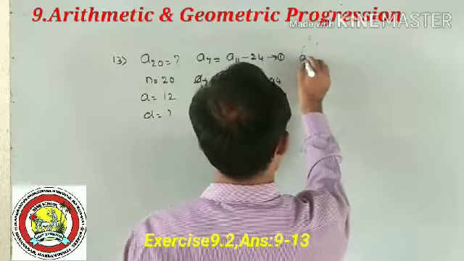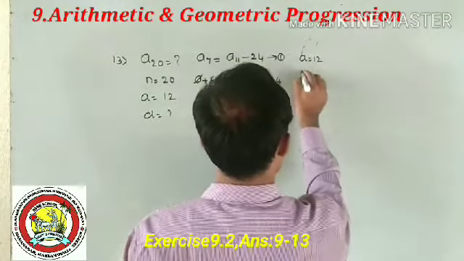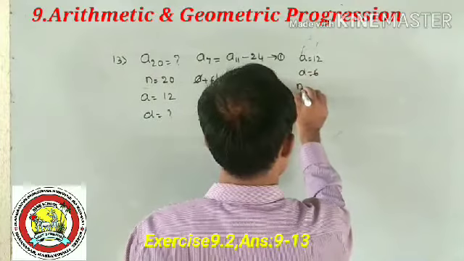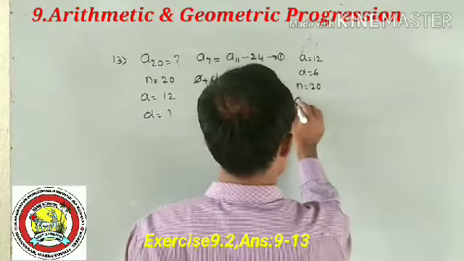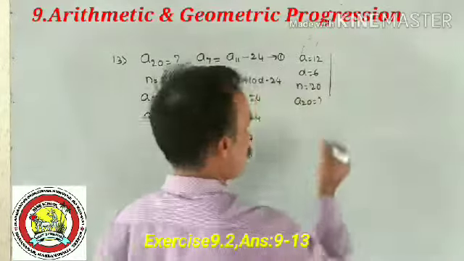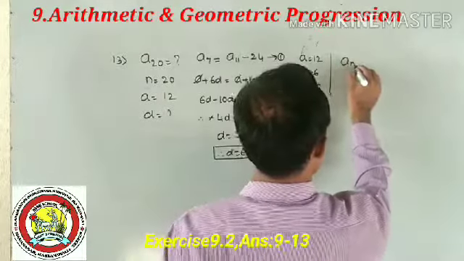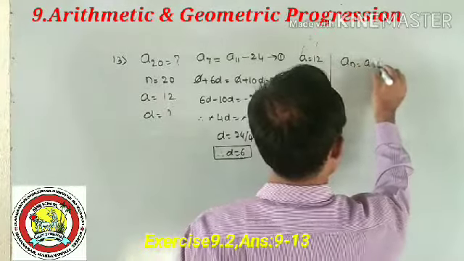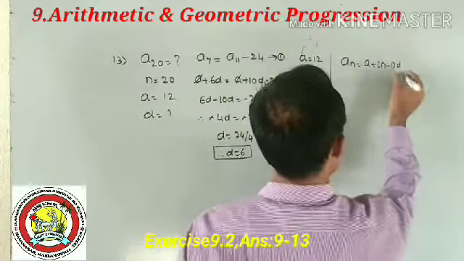Second part: A value 12, D value 6, n is equal to 20. We should find A20. The formula for this is an is equal to a plus n minus 1 into d.